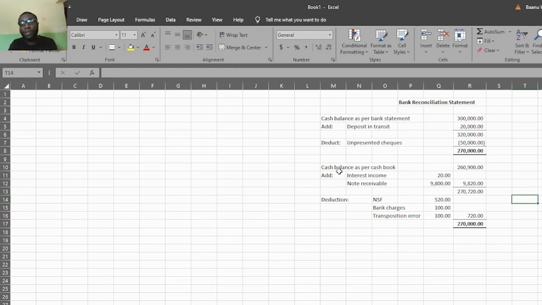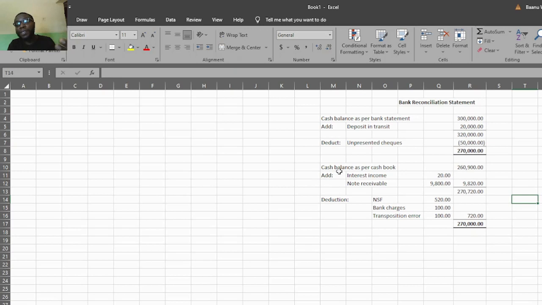Then if you start with your cash book balance, you add money that the bank has recorded in their books as credit to you. Maybe a customer pays you directly to your bank, but you are yet to be aware of it because you have not collected your bank statement.